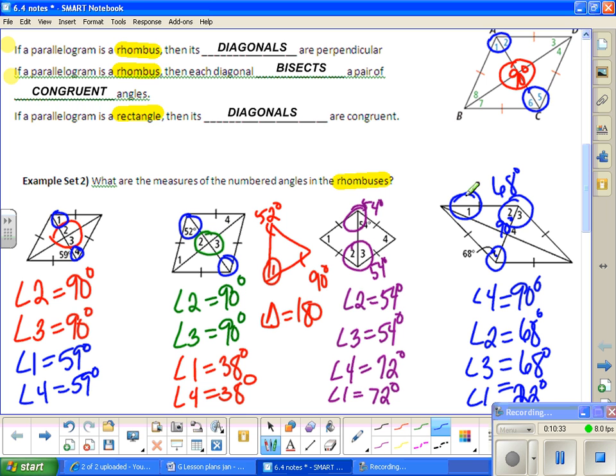Because what I did here was angle 1 plus angle 2 plus the 90 degrees equals 180. So if I know that angle 2 is 68, plus 90, and it all equals 180, then I'm just subtracting, and I end up with 22 degrees.